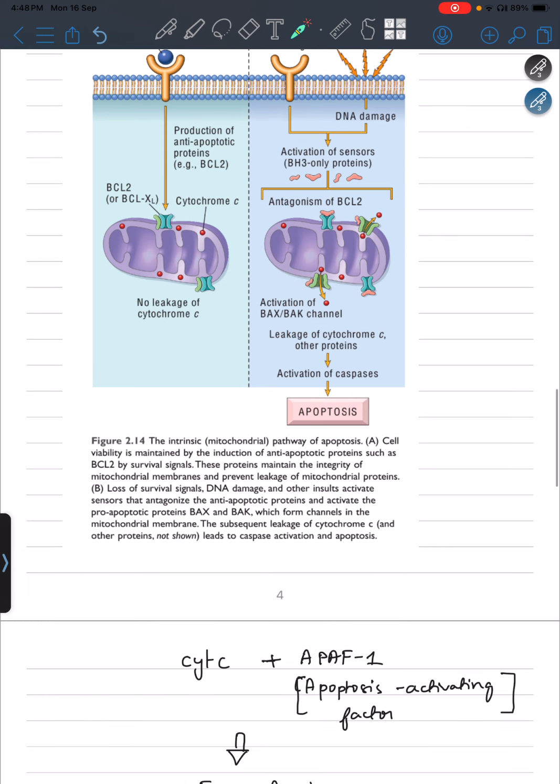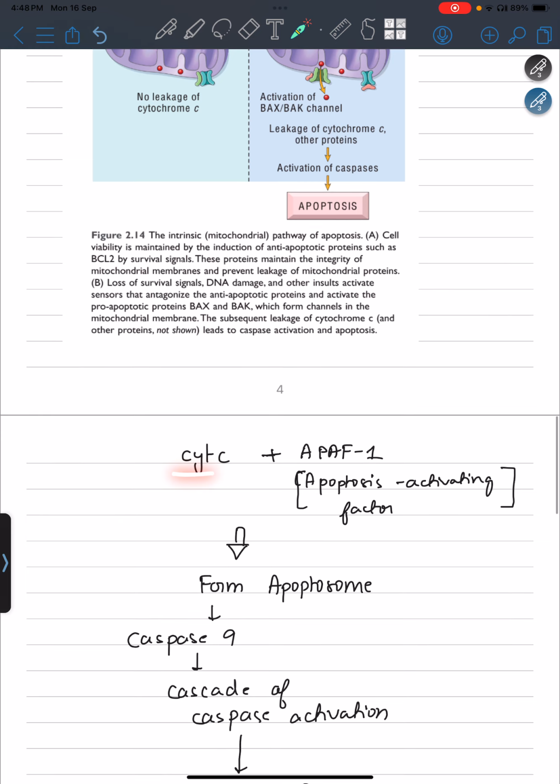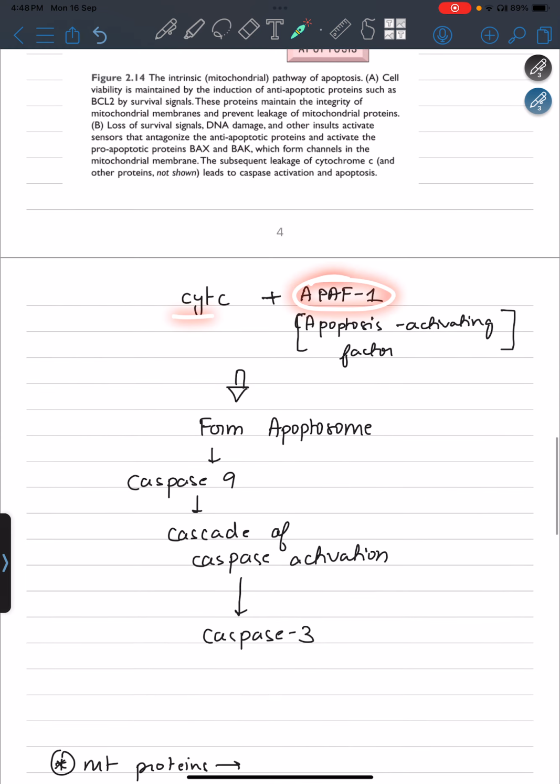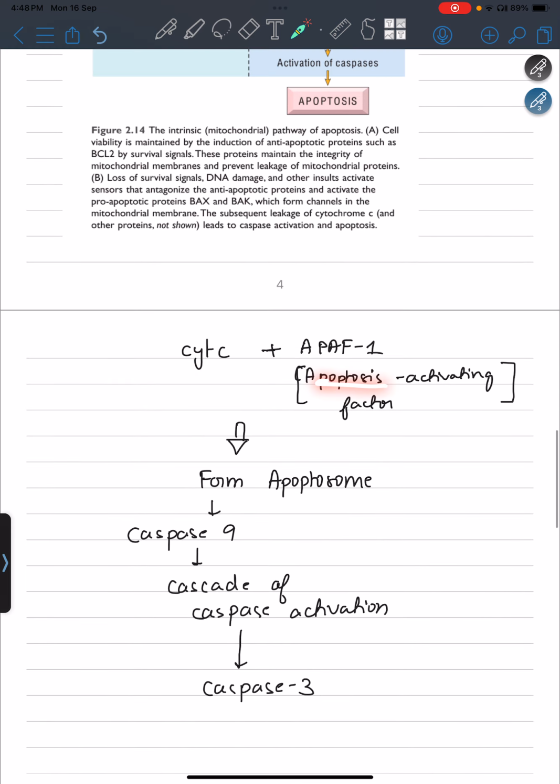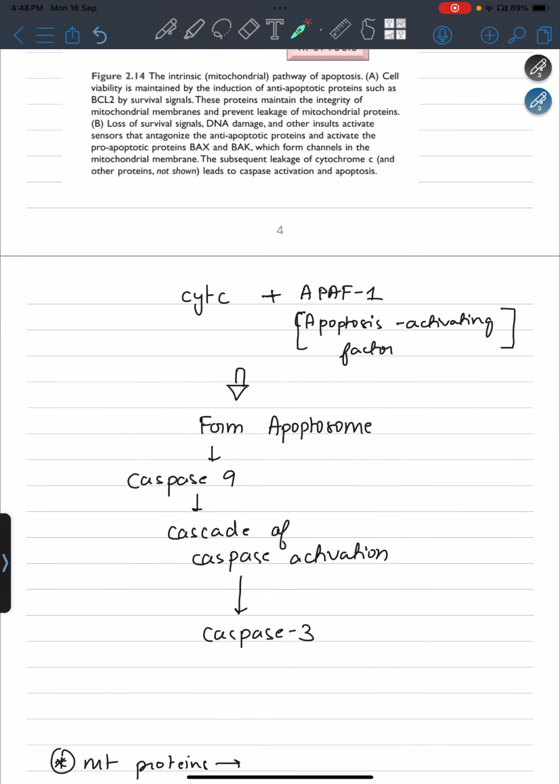Now, what happens is this cytochrome C binds to APAF1, that is apoptosis activating factor 1, to form an apoptosome. And this apoptosome activates caspase 9.